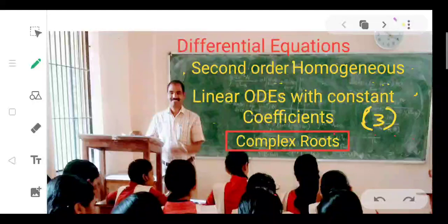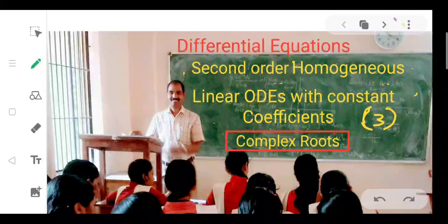Dear students, we are discussing second order homogeneous linear differential equations. In that, we have seen what is the standard form of a second order homogeneous linear differential equation with constant coefficients.